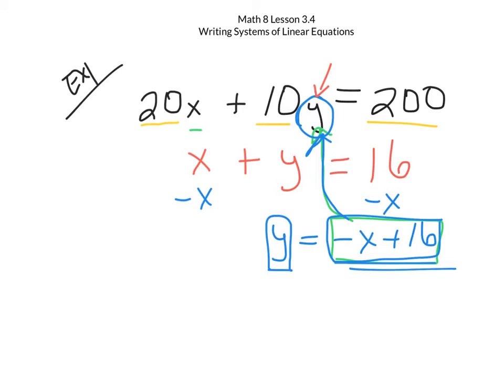So in the second equation, I could plug in the number to tell me how many $20 bills I have. 20x plus 10 times, what was Y? It was negative x plus 16, right?